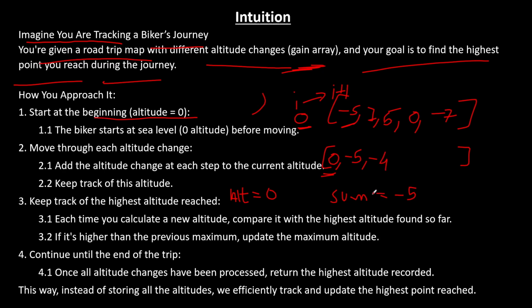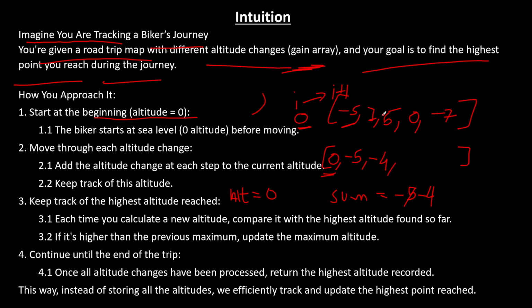But the altitude 0 is still greater than -4, and the current sum will become -4. I hope you're understanding how we're building this. I'm just doing what the question asked us to do, nothing else. From here only, we will build up our intuition.